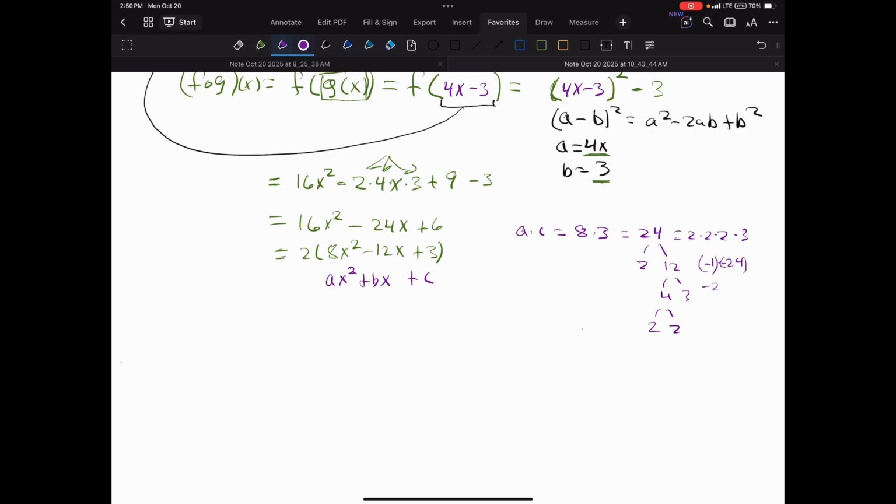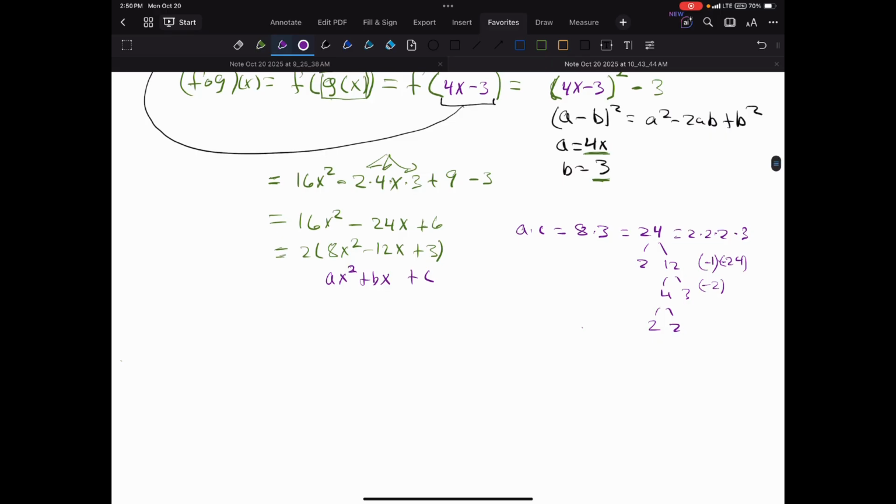Okay, well, I could have negative 2 times the rest of that, which would be negative 12, right? But that's going to add up to, what, negative 14, if I add those 2 together. And so I could go to negative 3 times, what, negative 8?